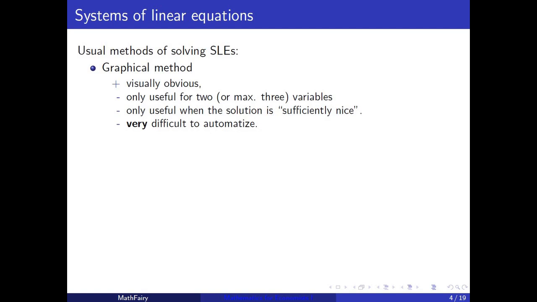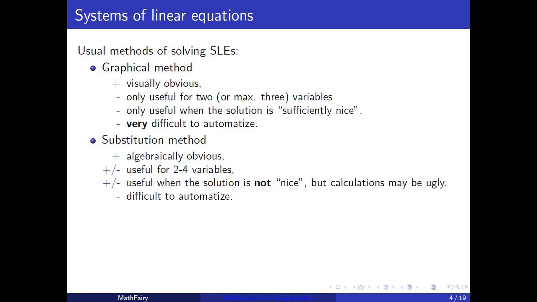This method is only useful when the solution is sufficiently nice, so just looking at the intersection point we can read its coordinates. And finally, this is very difficult to automatize, so it's very difficult to write code that would automatically find the graphical solution of systems of linear equations.